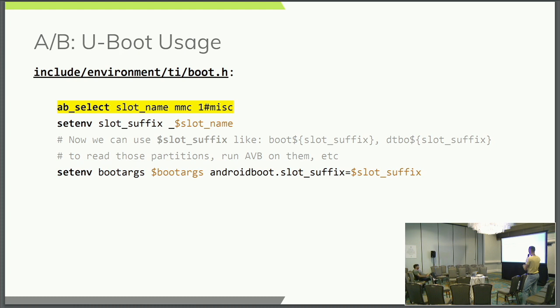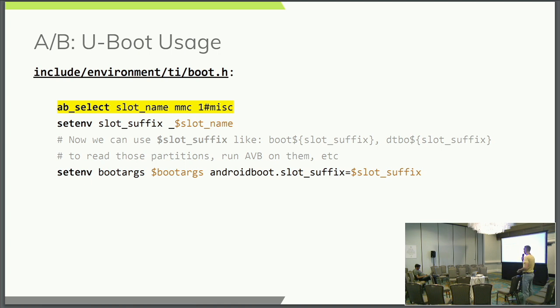You actually load from eMMC, device number 1, from the MISC partition, and then you can use this slot name to figure out which partition to load to RAM and which partition to use to boot the kernel, to boot Android. And also you should provide this slot suffix to the kernel cmdline, to the kernel parameter.